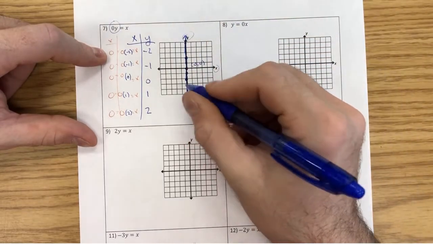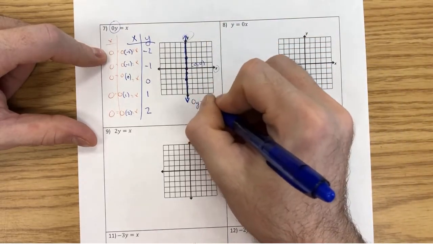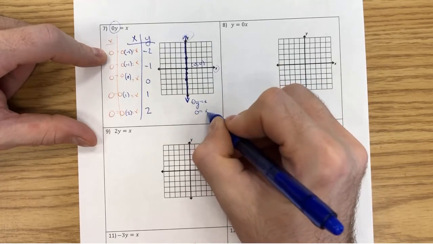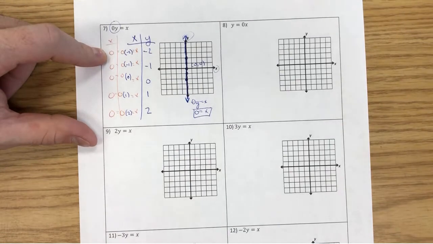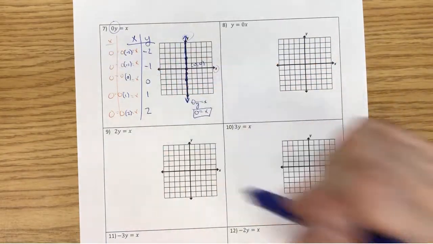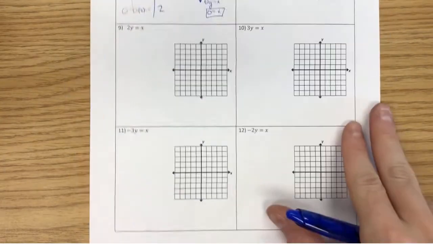I'm going to label it. So I know it's 0y is equal to x, which in this case 0 times anything is just 0. So just 0 equals x. And there we go. So albeit this was a slightly different case because my coefficient was 0, it works for any of these.